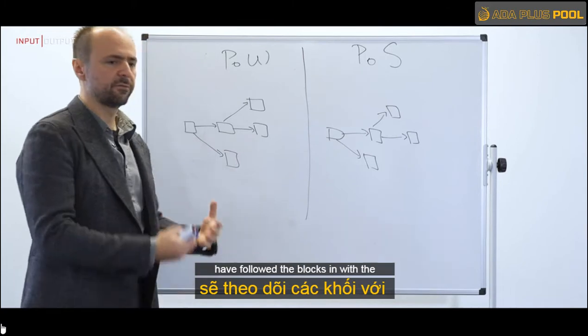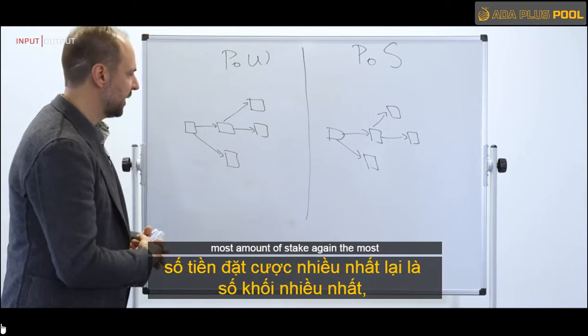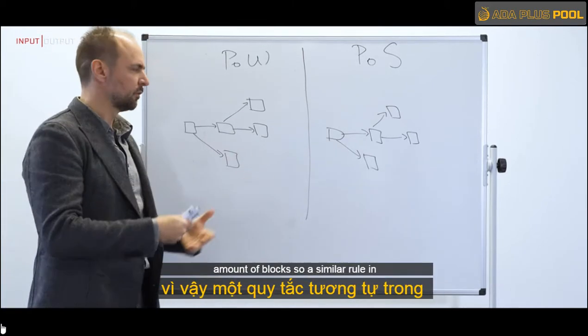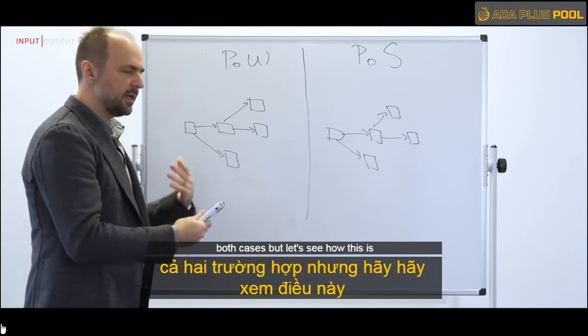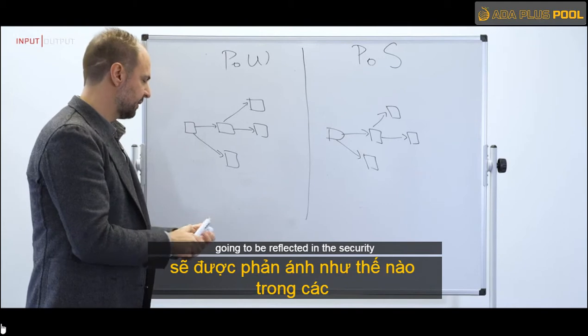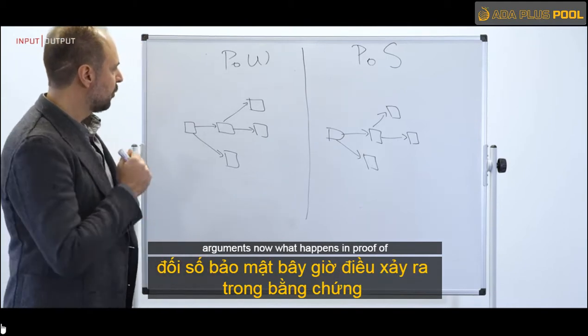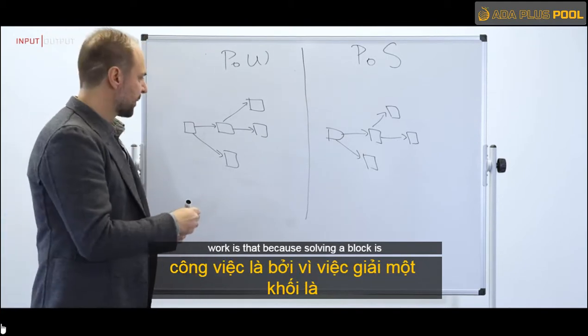And here you will follow the blockchain with the most amount of stake. Again, the most amount of blocks. So a similar rule in both cases, but let's see how this is going to be reflected in the security arguments.